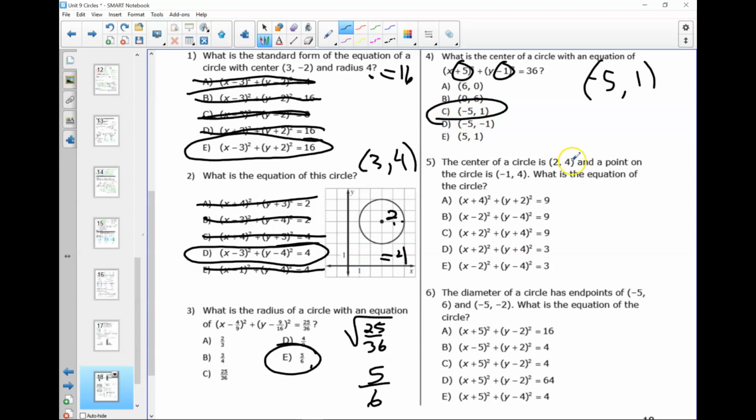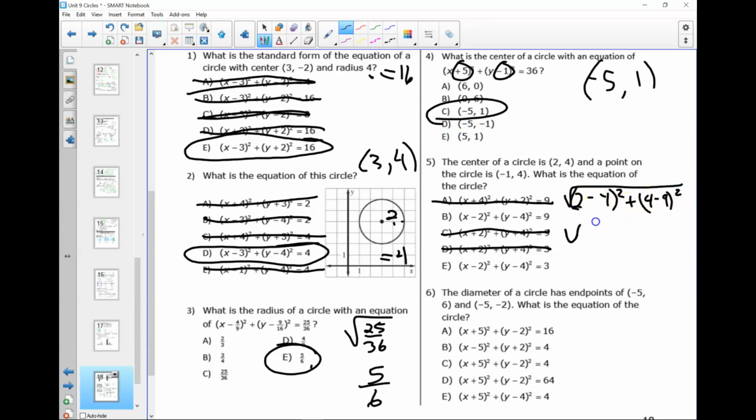The center of circle is 2, 4. So we're going to have minus 2 minus 4. Just like that, we're down to 2 answers. And a point on the circle is negative 1, 4. Okay, so we need to use the distance formula to find that. Well, 2 minus negative 1 squared plus 4 minus 4, well, that's 0.